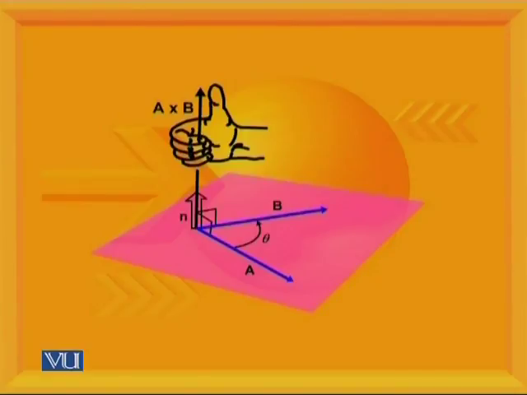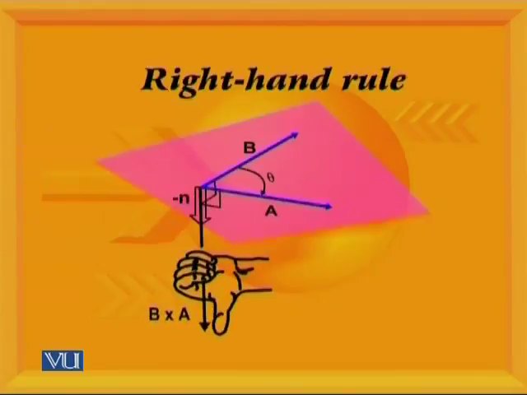But if we multiply the vector b by a, b cross a, b first then a, we will be going in the clockwise direction, and in that way the direction will be opposite and will be of this type.